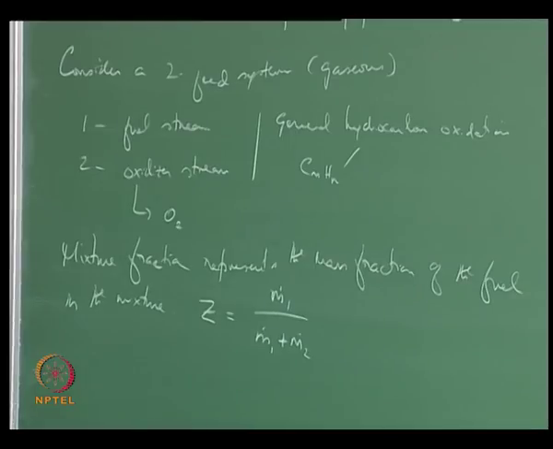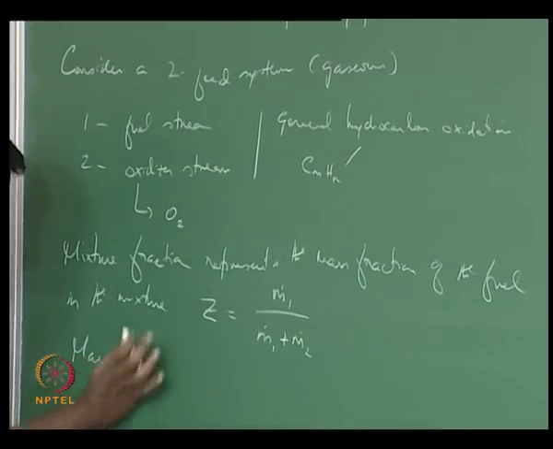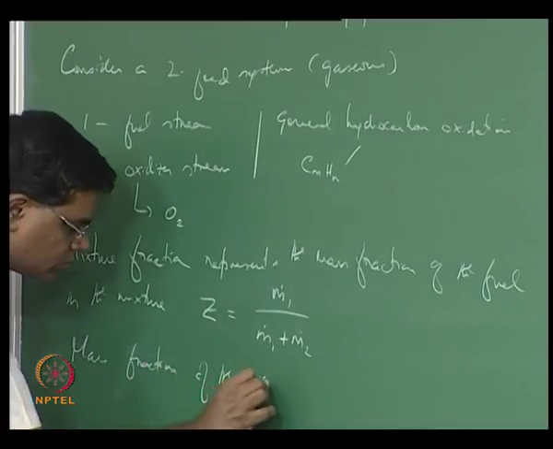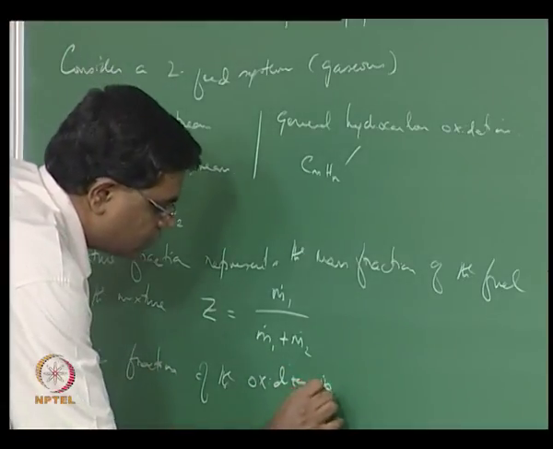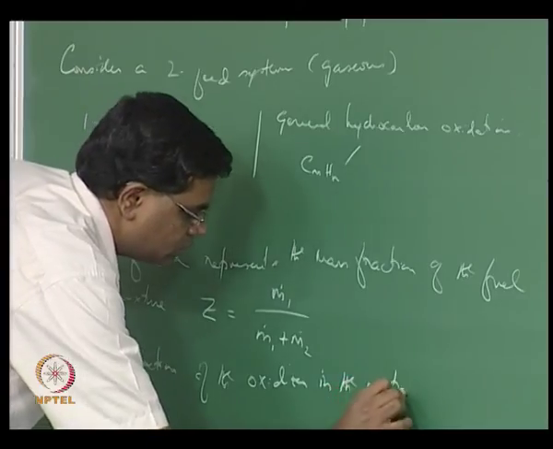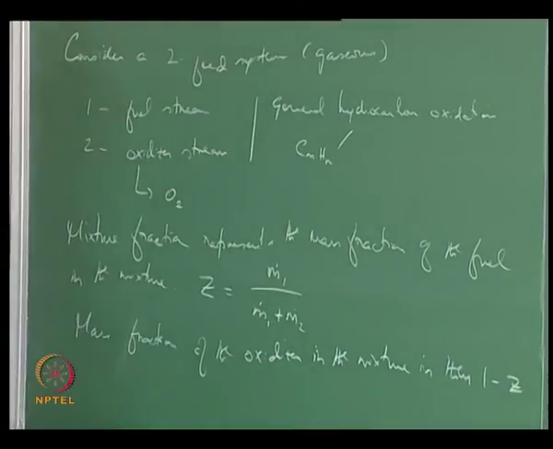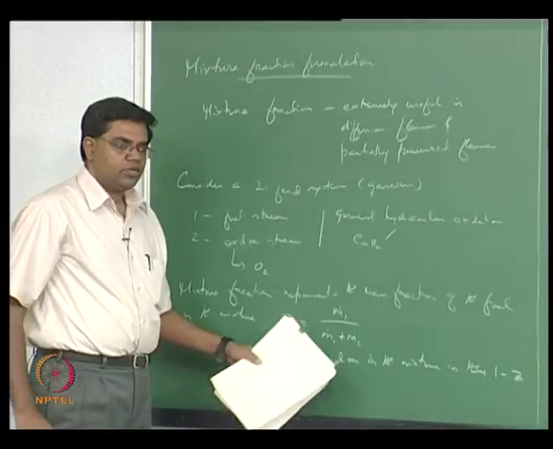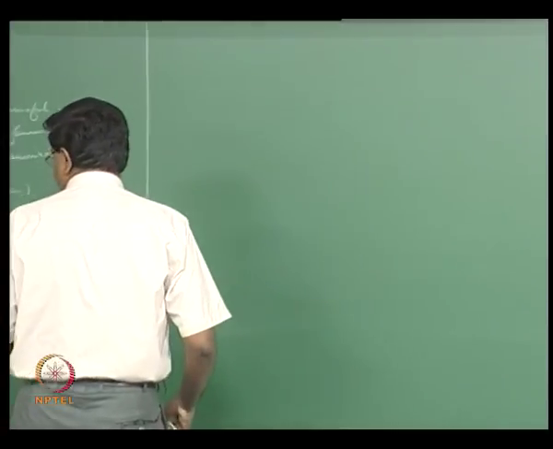And of course what this means is the mass fraction of the oxidizer in the mixture is then 1 minus Z. It would be defined as m2 dot divided by m1 dot plus m2 dot, therefore it's 1 minus Z. Now each stream contains diluents.